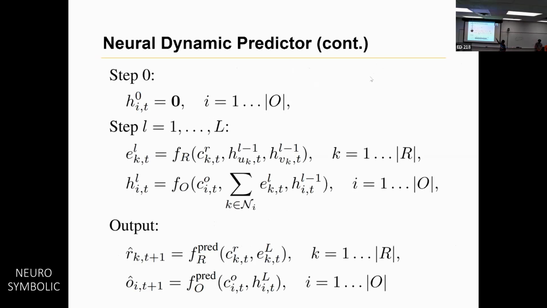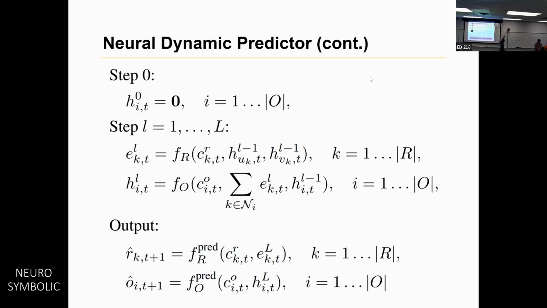So this is the algorithm that goes into the picture. Initially the effects due to all objects are initialized as 0. At each step, F_R and F_O are nothing but MLPs with 1 layer and 100 dimensions. Now these take into consideration the previous H as well as E, but you can notice that C is not dependent on L at all, because we are trying to go from T to T plus 1.